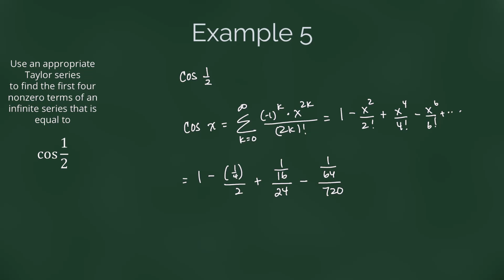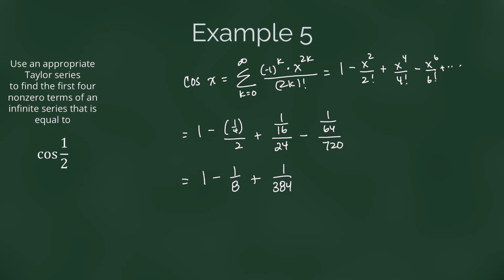And so we get, for our first 4 terms, 1 minus 1/8 plus 1 over 384 minus 1 over 46,080. And so adding those up would give us a reasonable approximation for cosine 1/2. And of course, we could use the fact that it's an alternating series to figure out the maximum value for our error, if we wanted to.